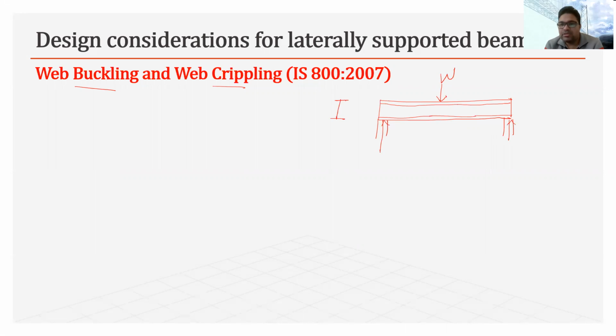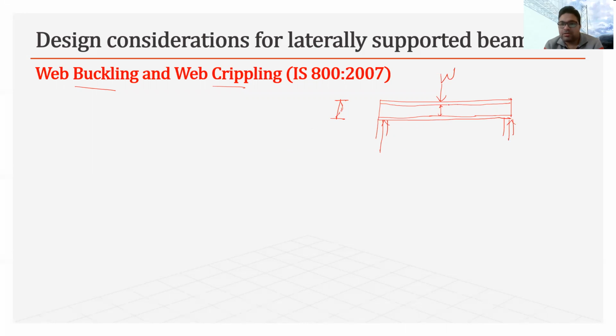So below this concentrated load, the web, this part is the web, may buckle. In the cross section, I will show you, this web under the load may buckle like this.